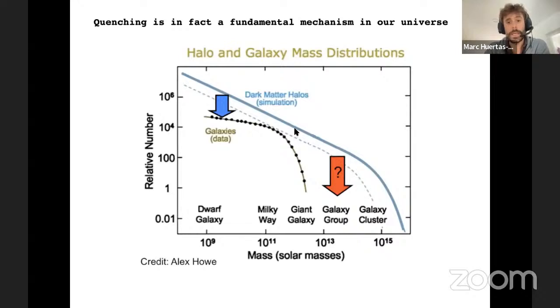At the massive end, which is the mass I've been discussing so far, you see that there's a lag. The star formation stops, and the galaxy is completely dominated by dark matter because some processes are preventing star formation, which is this quenching.